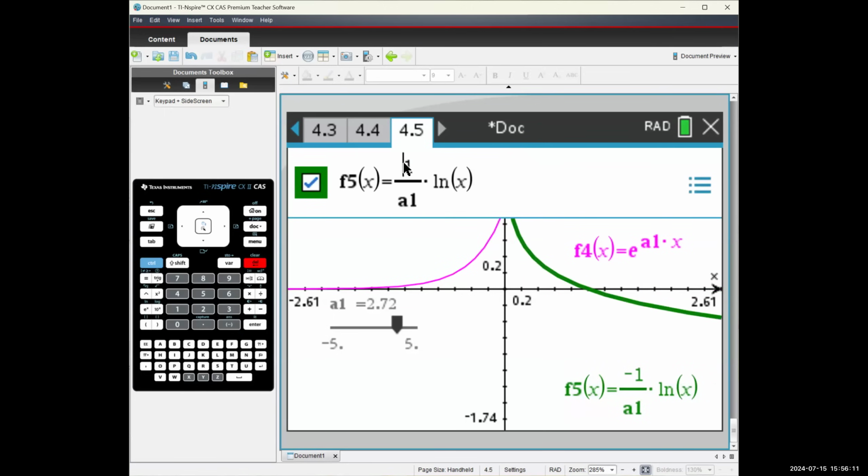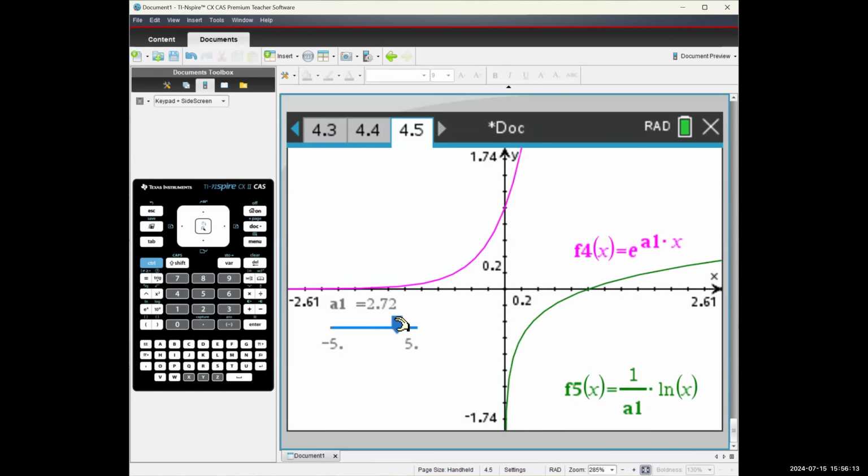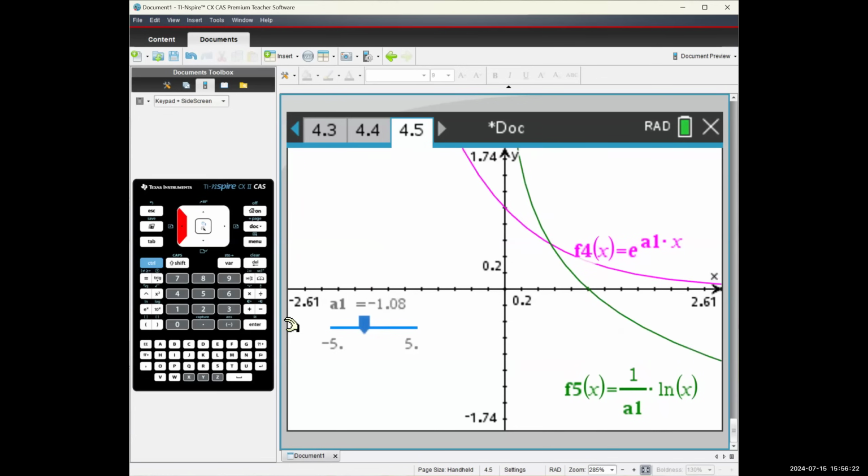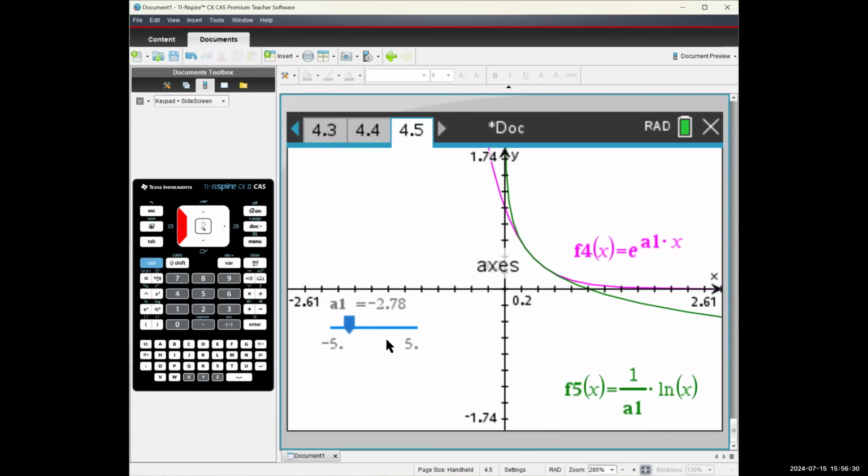If I delete the negative one here, let's try the other direction. Okay, so when a is less than 0, that's fine. It's like minus 1 over e, less than or equal to a, less than 0.